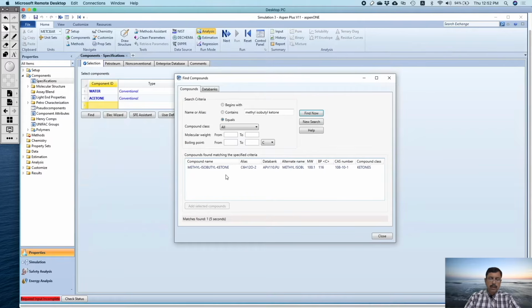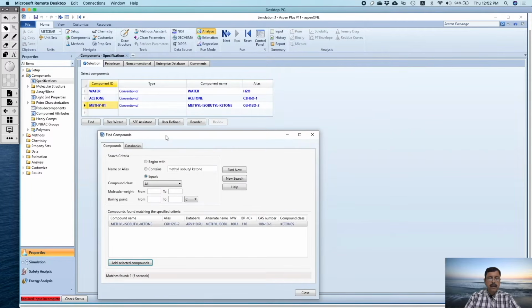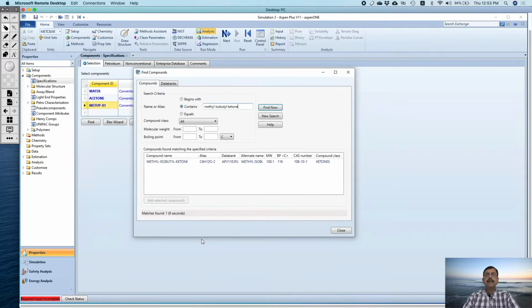What you need to do is choose it and click Add Selected Component, then the component ID will be automatically fixed.